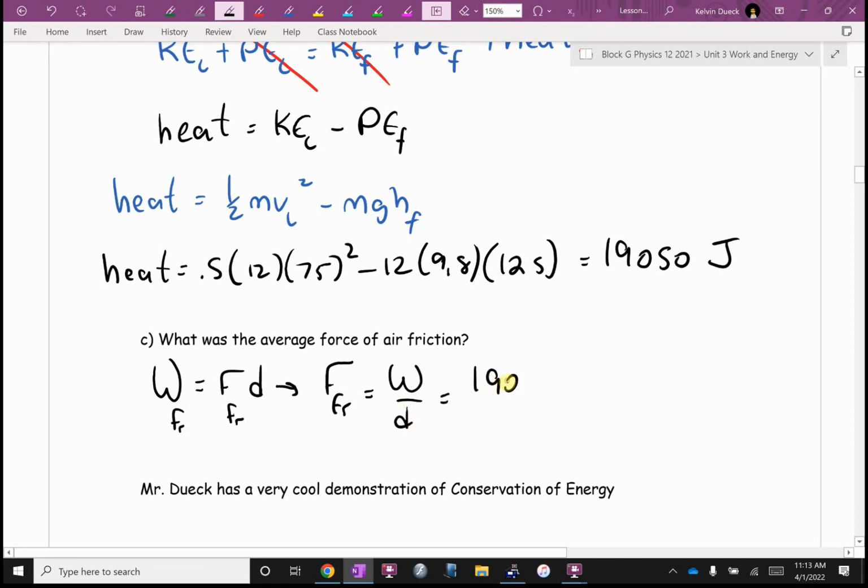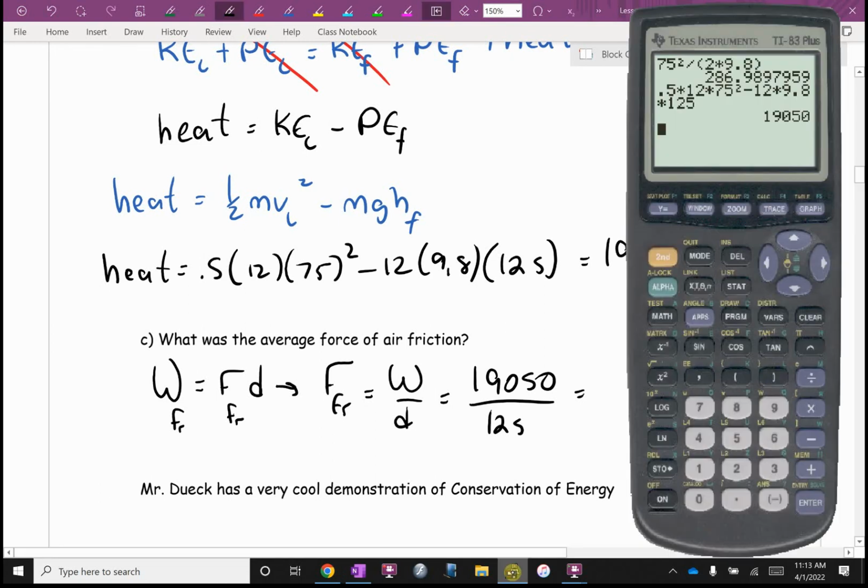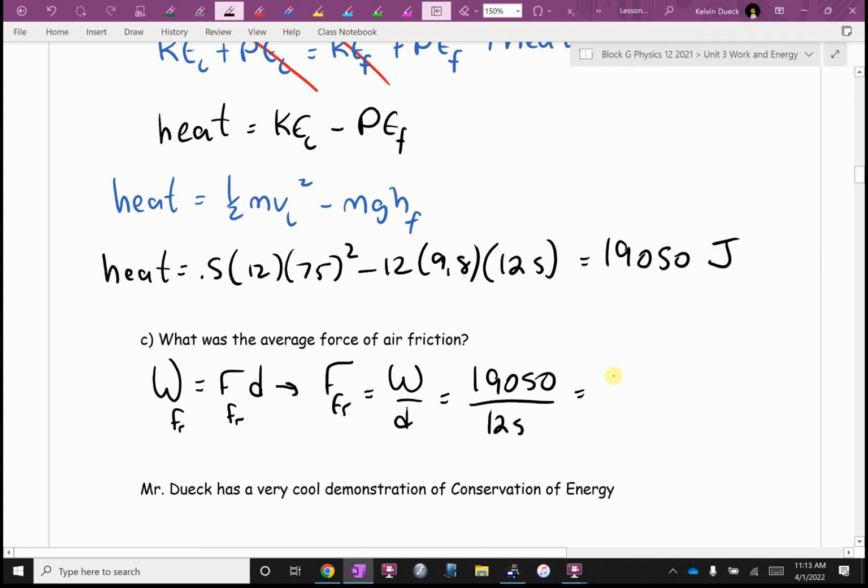It's going to be 19,050 divided by 125. Now this is an average force because as the object slows down, air resistance is getting smaller and smaller, and we can't deal with a changing situation like that without calculus. And I get an average air force of friction of 152.4. I'll call it 152 newtons.